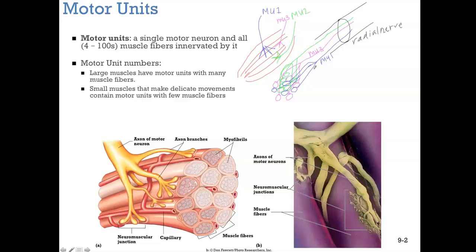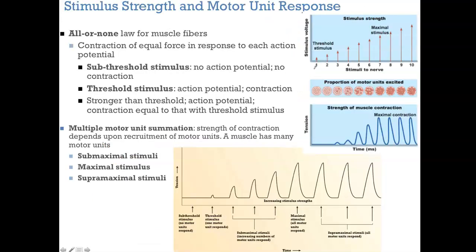Okay. All right. So next we're going to move into stimulus strength and motor unit response. A lot of people get a little confused with this all or none law or principle. All or none has to do with nerves and also muscles.